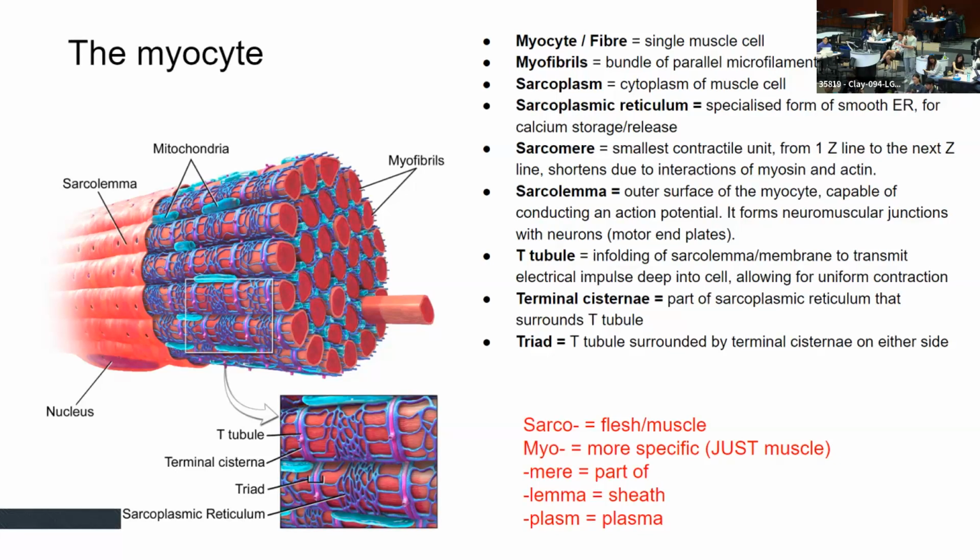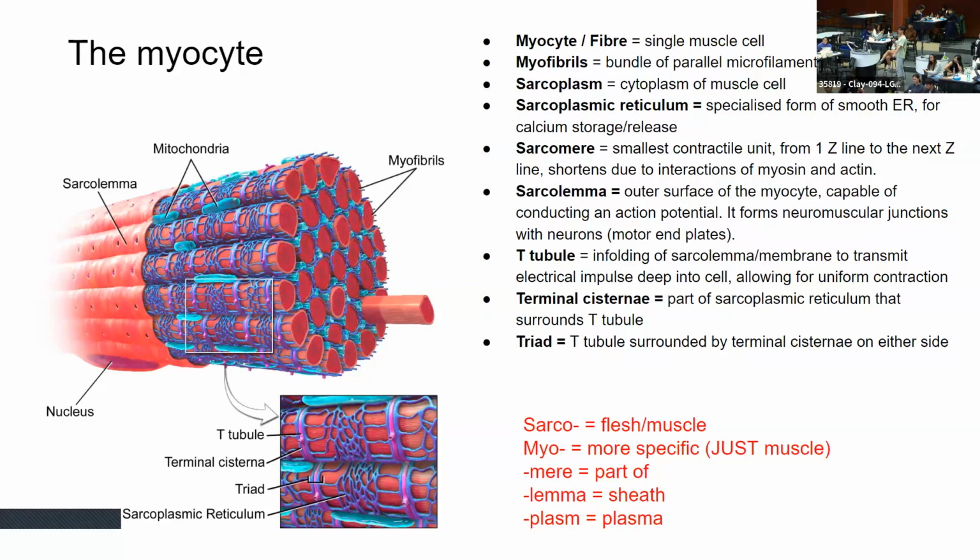And this is due to their need to be excitable and controlled by nerves. The T tubules are basically just invaginations of the sarcolemma, and their function is to allow the spread of charge faster. So it allows more forceful contractions and more uniform contractions.